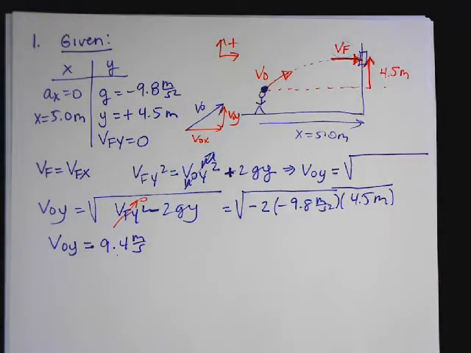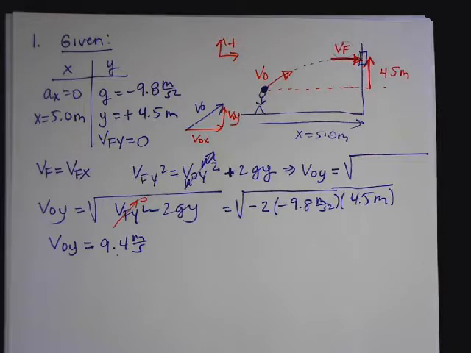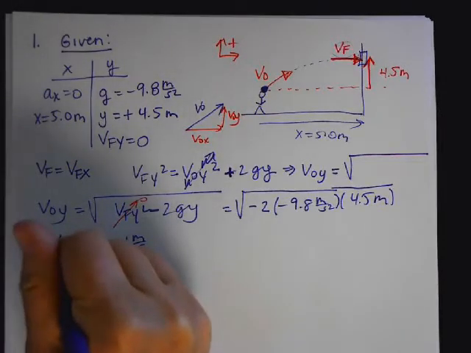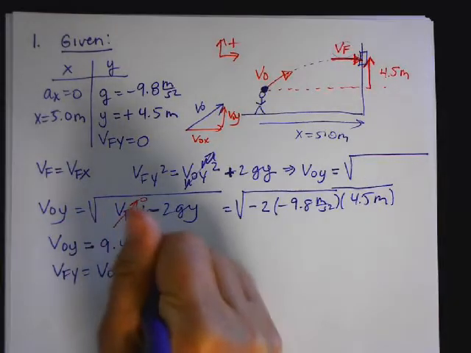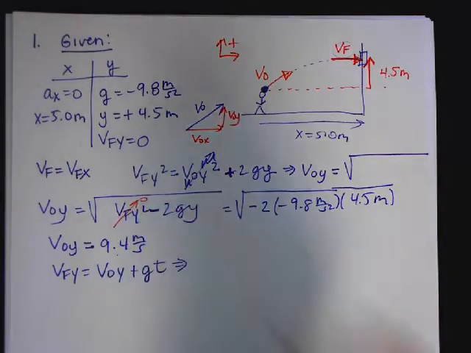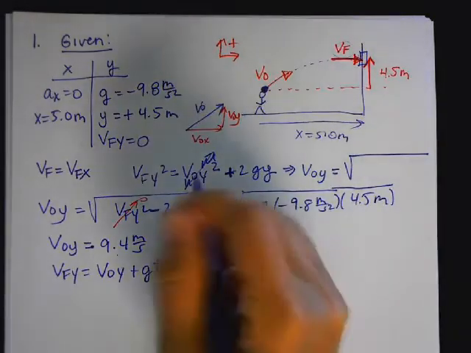Now, there's different ways that you can find the time, but if I can avoid using the quadratic, that's what I try to do. So now I can say VFY is equal to V naught Y plus GT. So now I'm going to rearrange the equation to solve for the unknown in terms of the known.